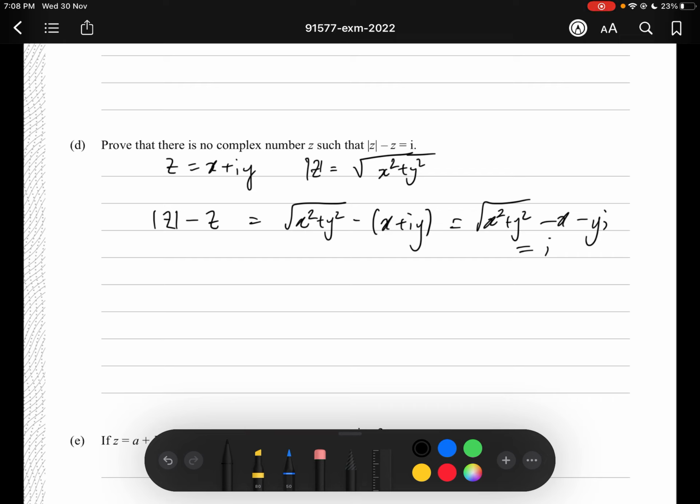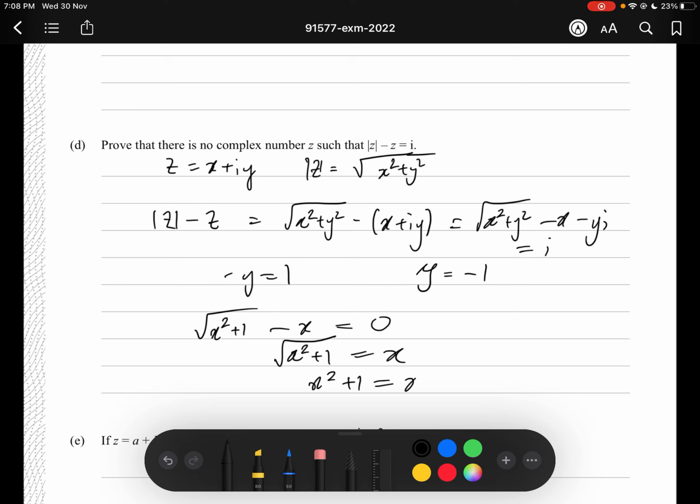In this case, the imaginary part is negative y, so negative y equals 1, so y equals negative 1. Let's put y equals negative 1 into our real equation. The real part is equal to 0, because the right side is just i, which is 0 plus i. So we have the square root of x squared plus 1, minus x, equals 0. Let's move x to the other side: the square root of x squared plus 1 equals x. Squaring both sides, x squared plus 1 equals x squared.